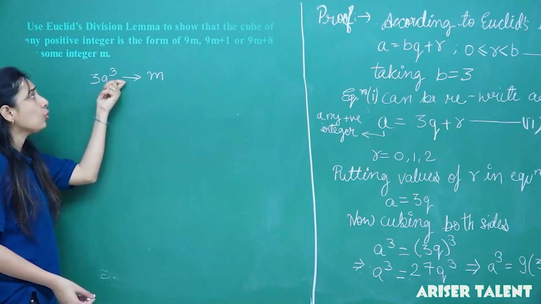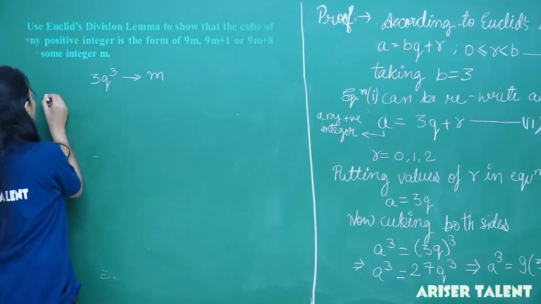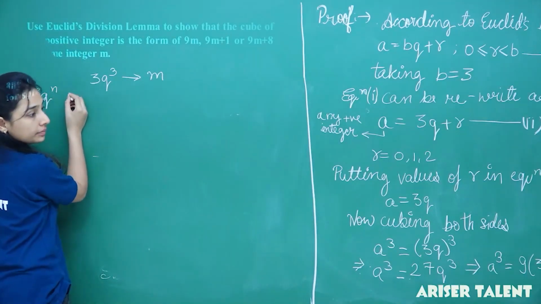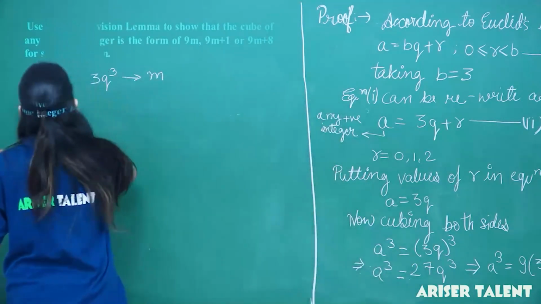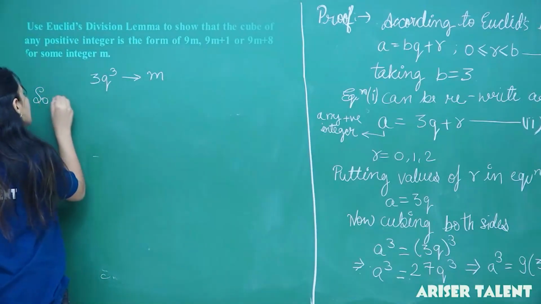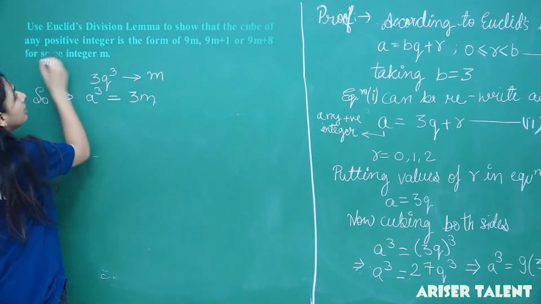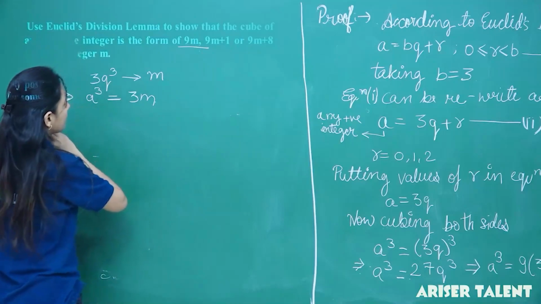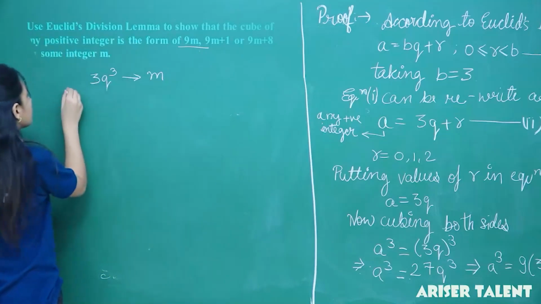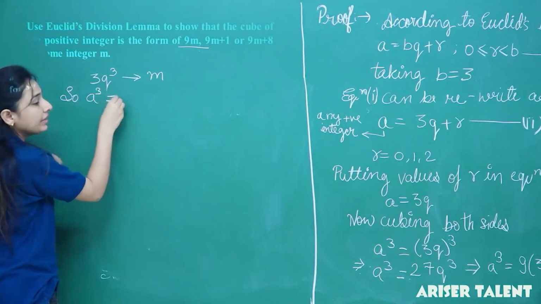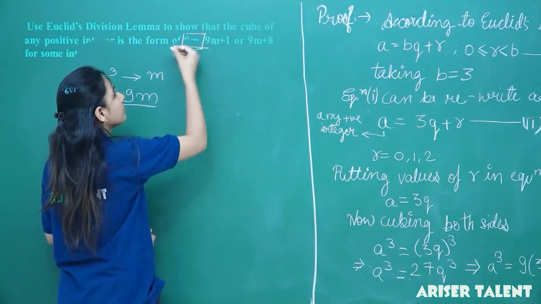So 3q cube is an integer, so we can write this as m. So it implies that a cube can be written as 9m, as required here, okay.